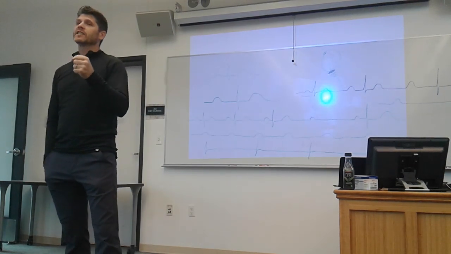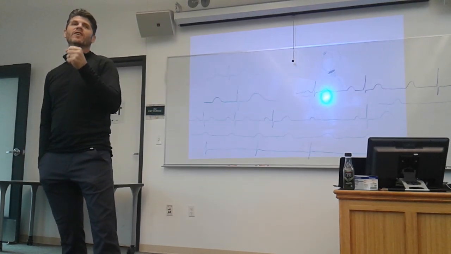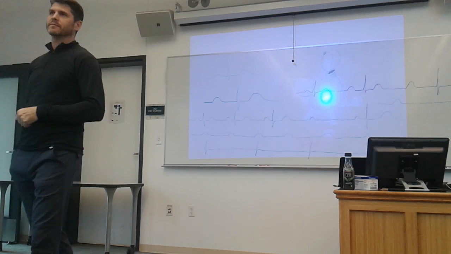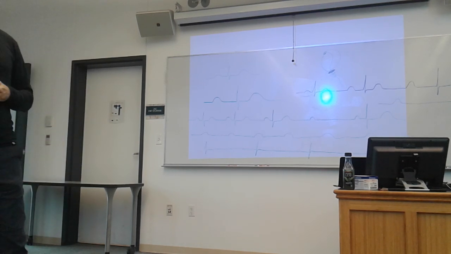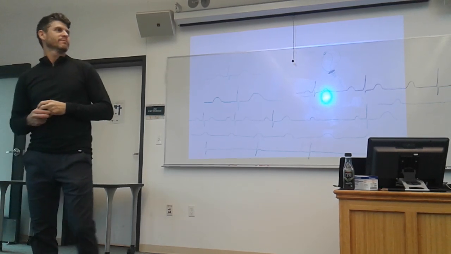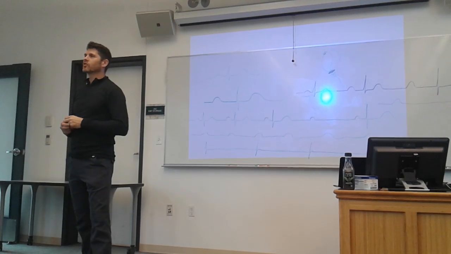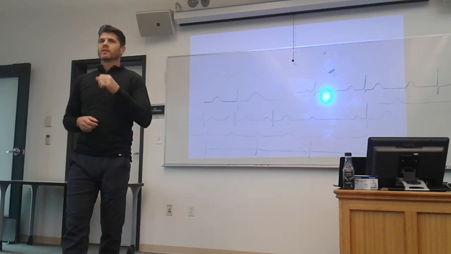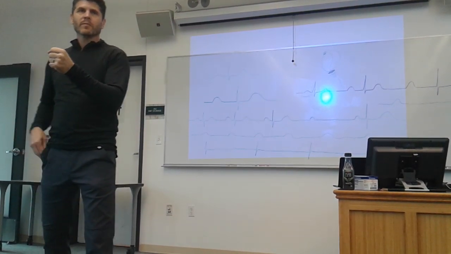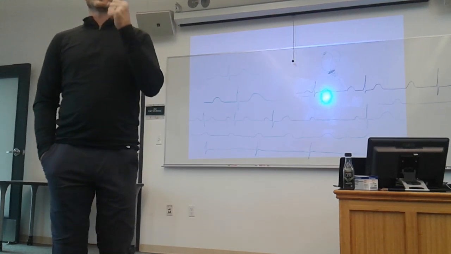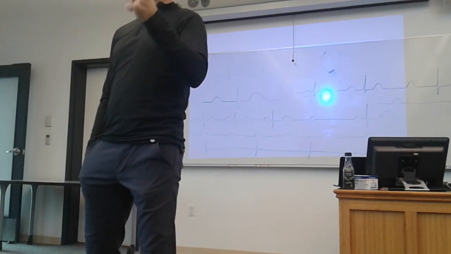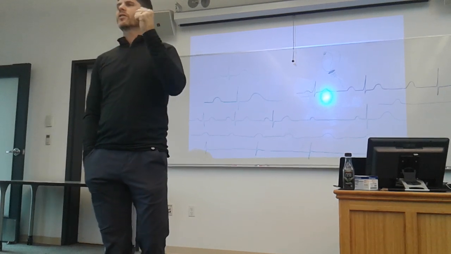But that disruption happens every other cardiac cycle. I want you to draw a normal sinus rhythm where the AV node is completely disrupted every other cardiac cycle.